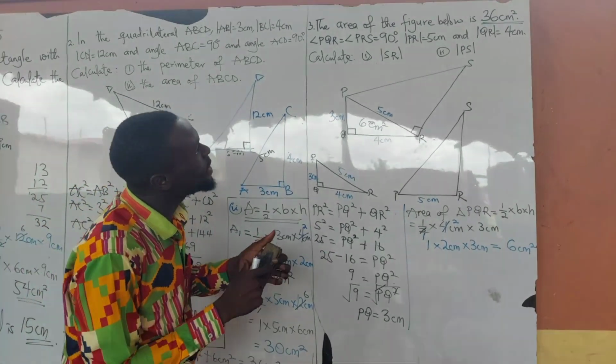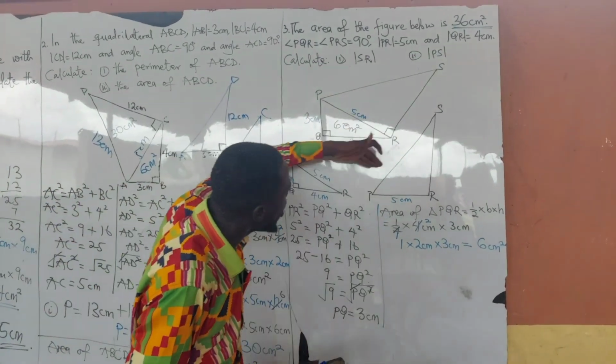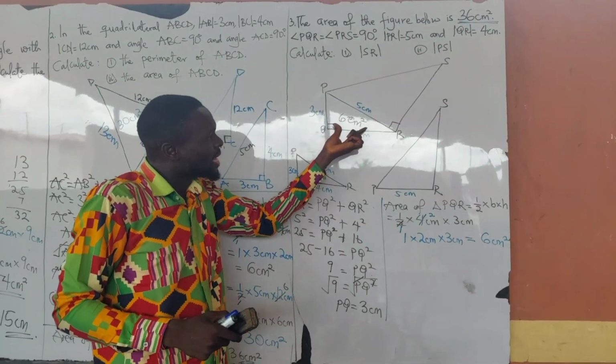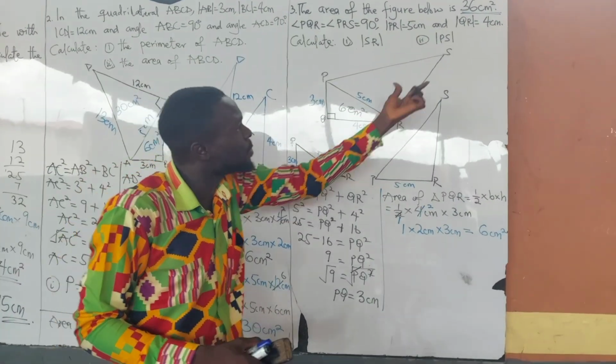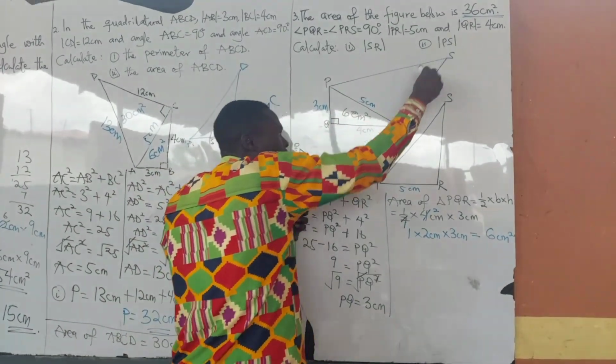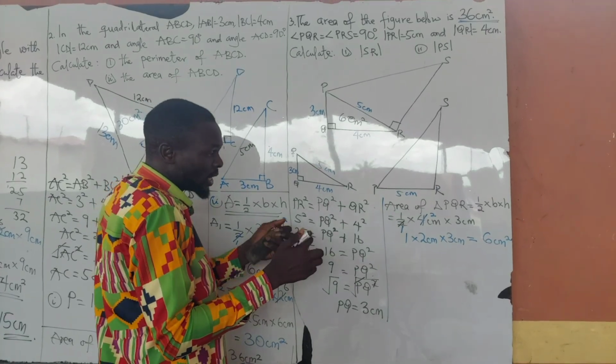But the question has given you the area of the whole figure. So if I know the area of this, subtract this area from the whole figure, whatever you are going to get becomes the area of this. So let's calculate.